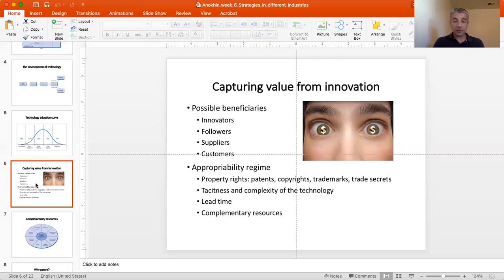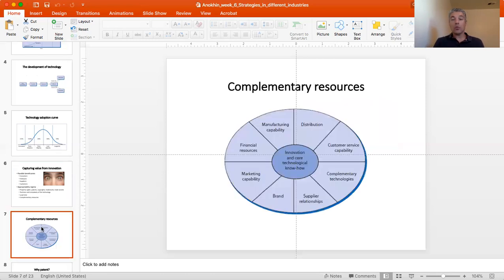And finally, complementary resources. Whether or not you have access to complementary resources determines the extent to which you will be able to profit, to benefit from a specific innovation. And those complementary resources, they could be kind of generic, or they could be very, very specific.